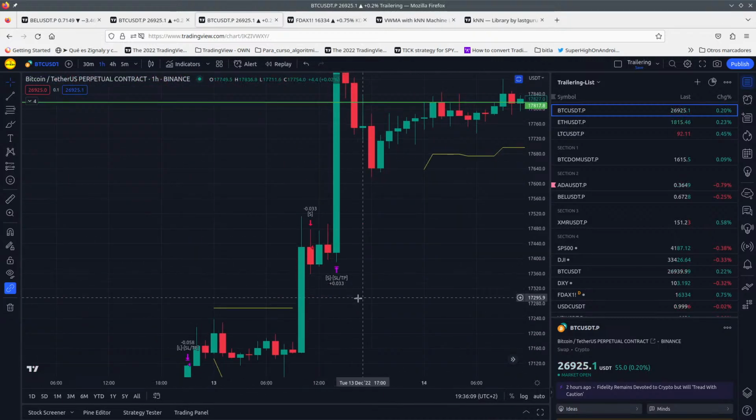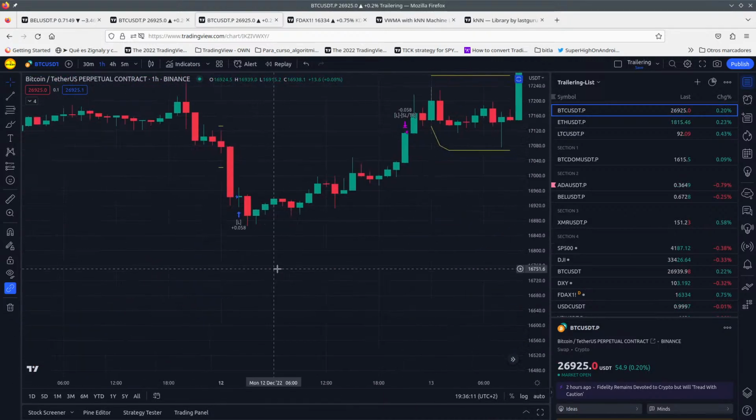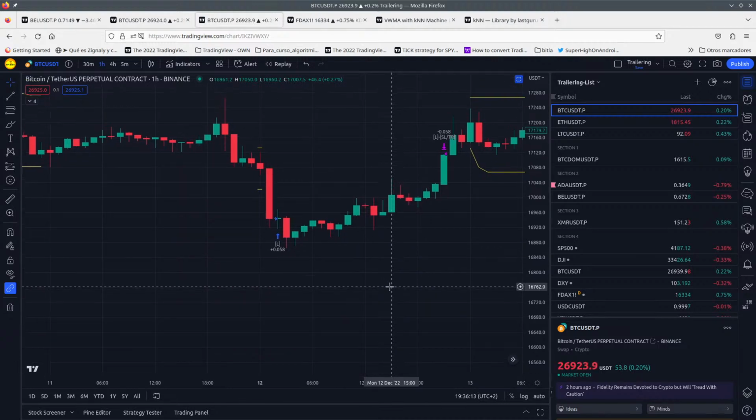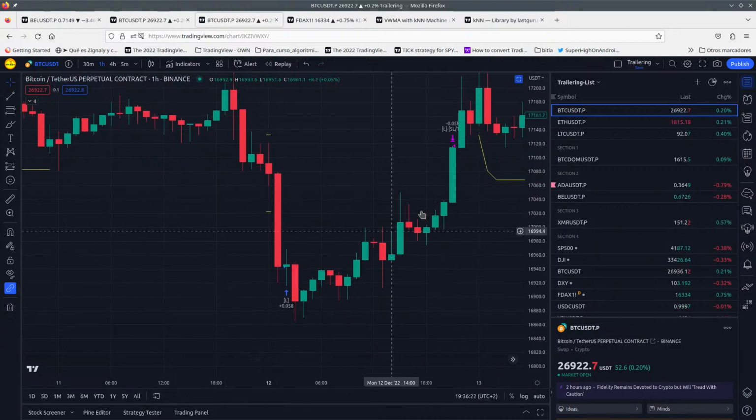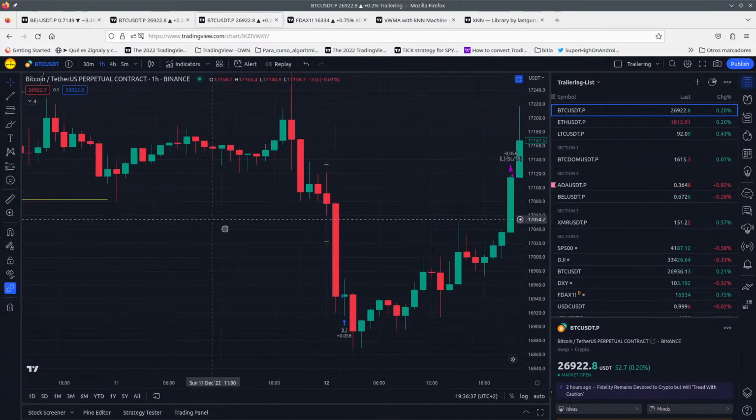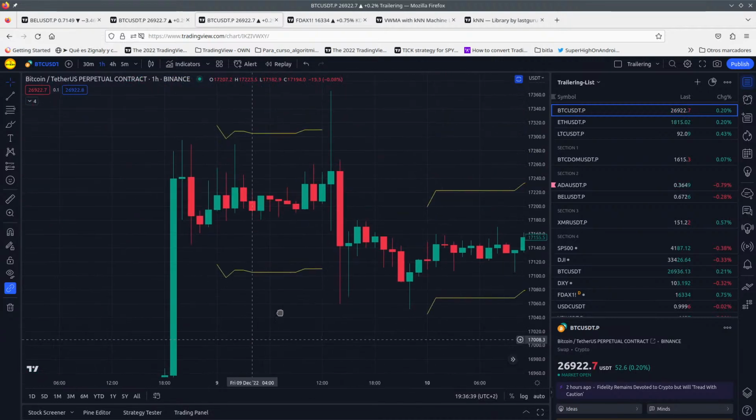Okay, let's search now long to see what they mean. So look at this. Yeah, so we have this low here, and the low from the first candle is lower than the low of the trigger break candle, so we close it. So instead of winning so much, we close it.